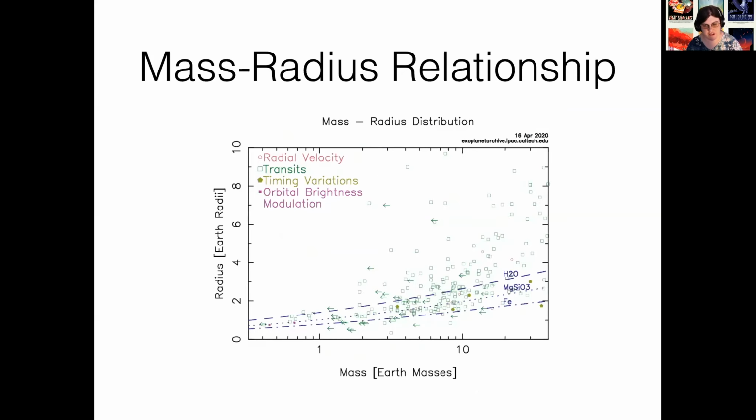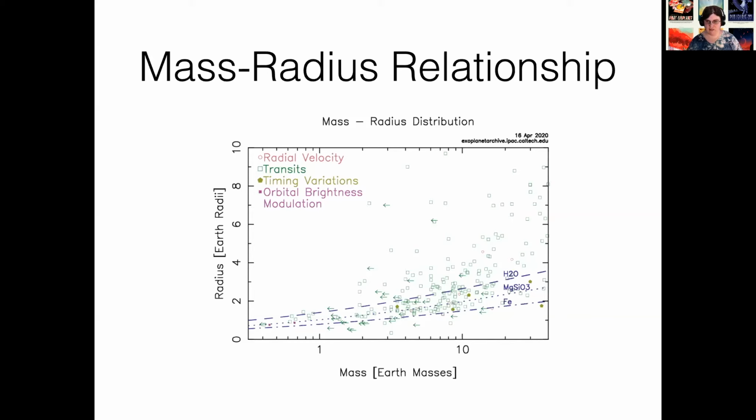Here's another variation of this plot. And again, I grabbed this one more recently. Here we're still showing planets. We're only going out to about the same degree. Here we have a bunch of lower limits on this plot, which are the arrows. And again, you can see that planets that are Earth mass or Earth radius tend to be rocky.